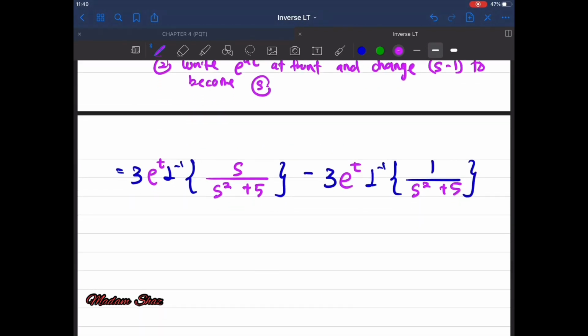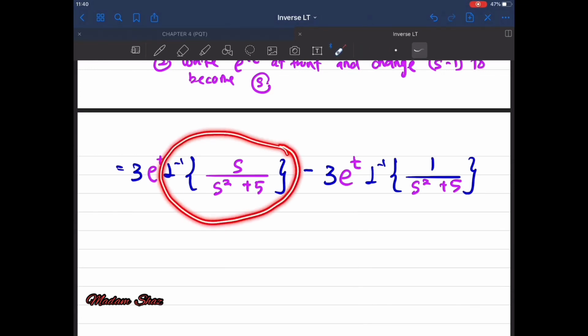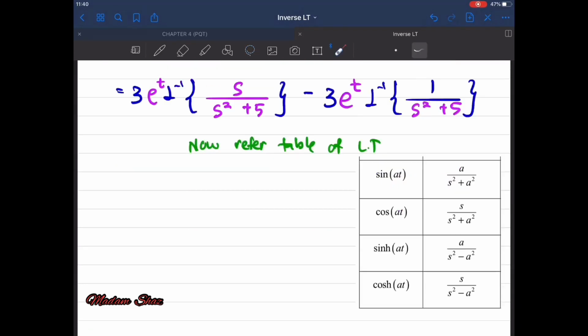Now from here, we have to refer to the table of the Laplace transform, for which part you have s at the upper side, divided by s square plus a constant at the bottom.